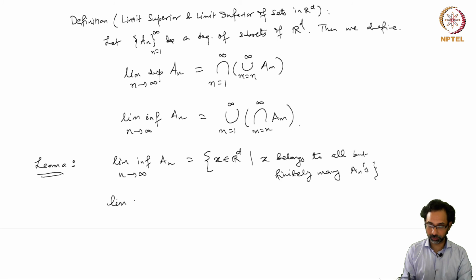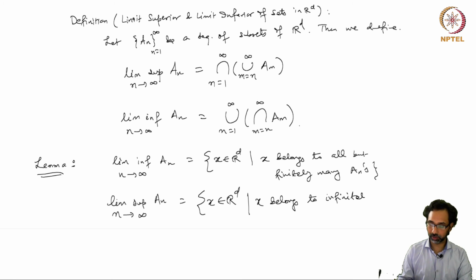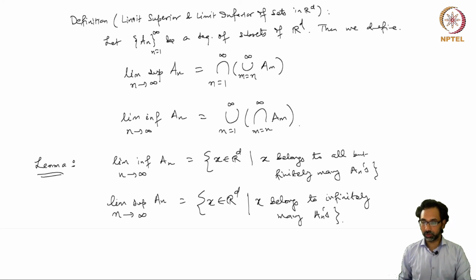Similarly, the lim sup of A_n as n goes to infinity, this is the set of all points x such that x belongs to infinitely many A_n's. So the difference between the two is that for the second one, x may not belong to all but finitely many.